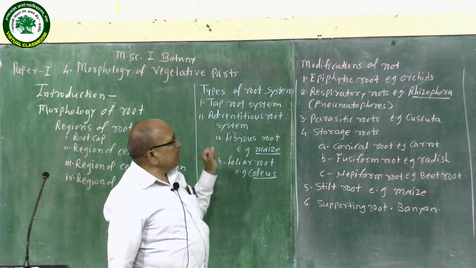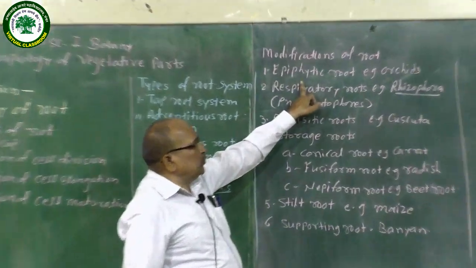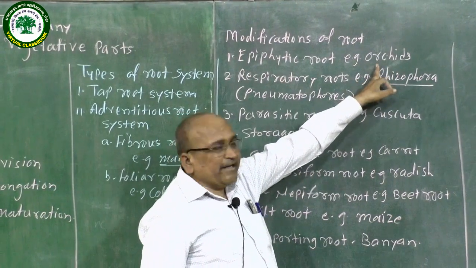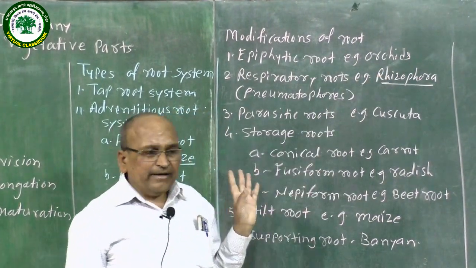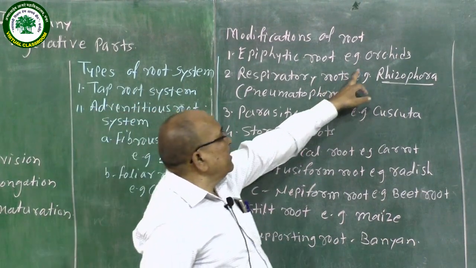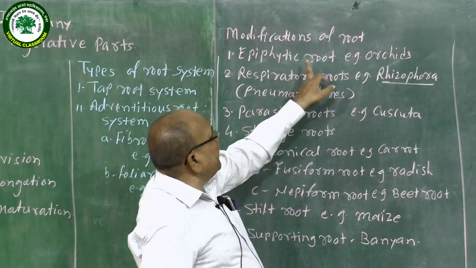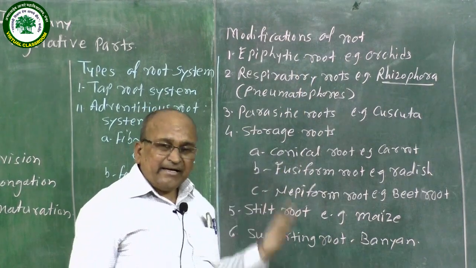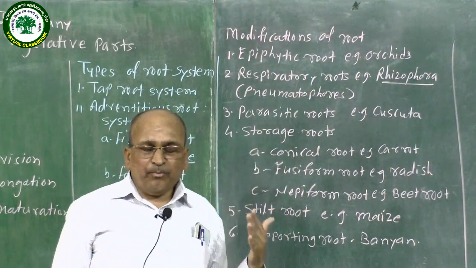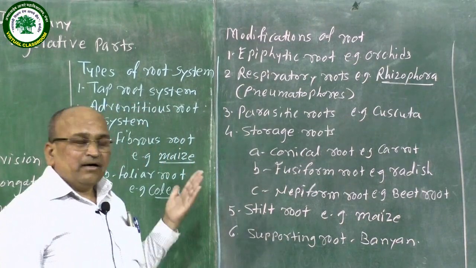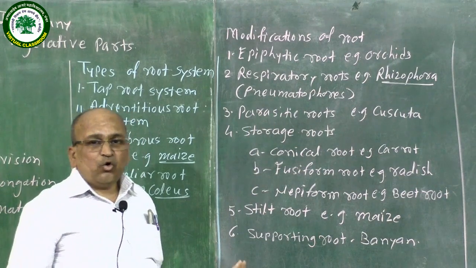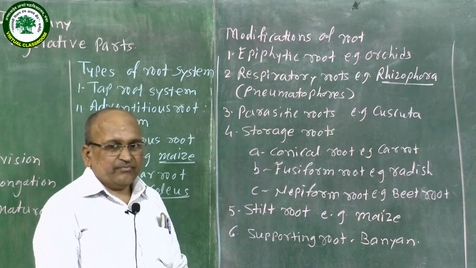Now first one is the epiphytic root. Example is the orchids or the vanda. Epiphytes are a group of plants which do not grow on the soil surface.